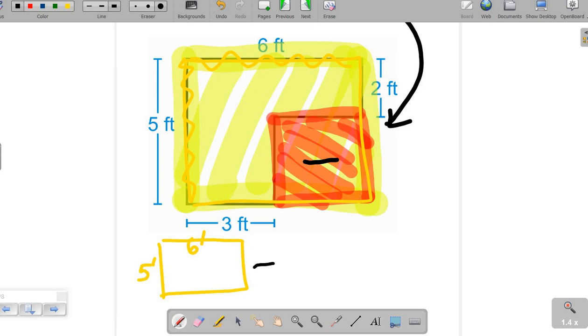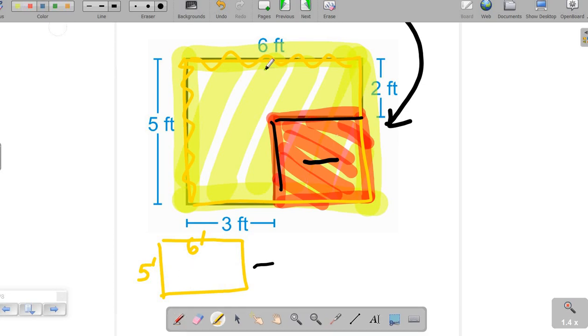And we're going to subtract this negative space. And we know going this way, if this is 5 feet and that's 2 feet, that means this edge here must be 3 feet.